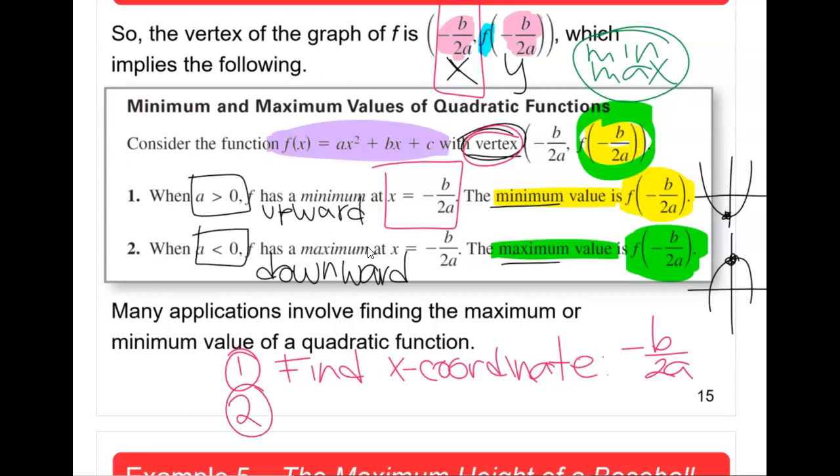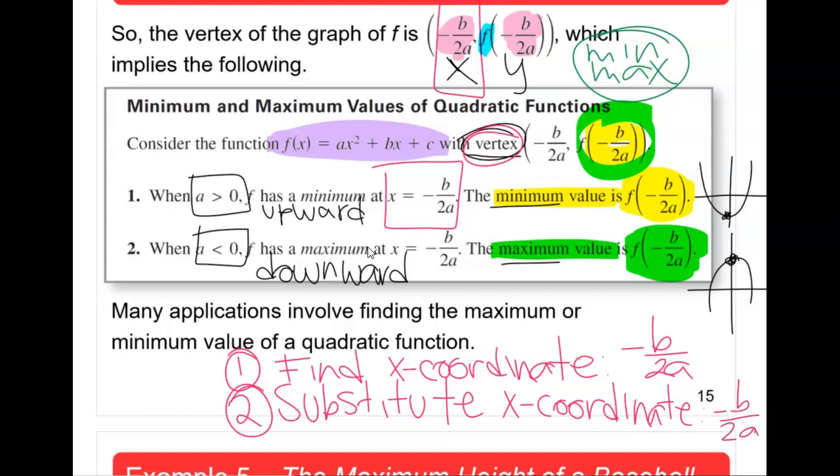And then second, you substitute the x coordinate, negative b over 2a, into f of x. So in other words, instead of x, you replace it with whatever number you found. Here we just say f of negative b over 2a, so we can generalize it. But in reality, you will be substituting a number, so it will become quite easy.